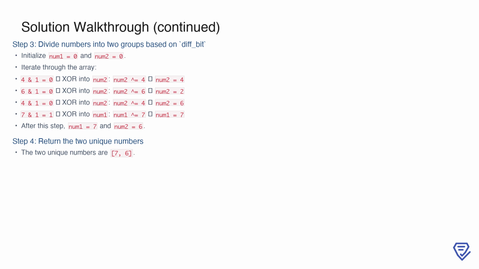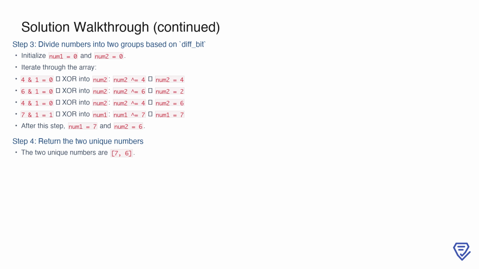Using the diff_bit of 1, we now divide the numbers into two groups based on whether the least significant bit is set or not. We initialize num1 and num2 to 0 and iterate through the array. If a number has the diff_bit set, it is XOR'd into num1. Otherwise, it is XOR'd into num2. For instance, the number 4 does not have the diff_bit set, so it is XOR'd into num2.